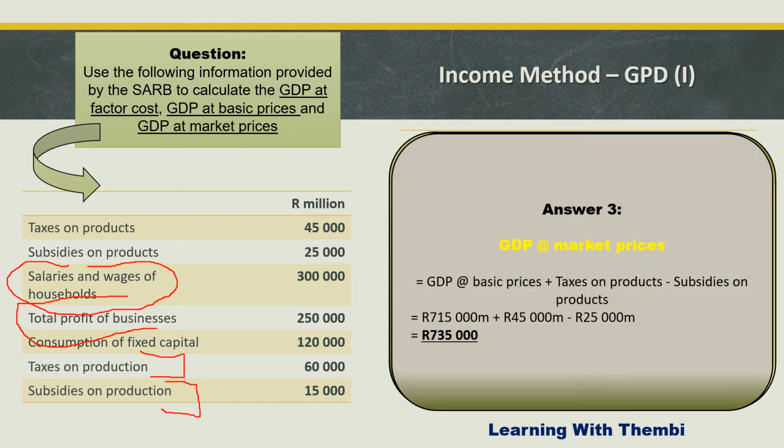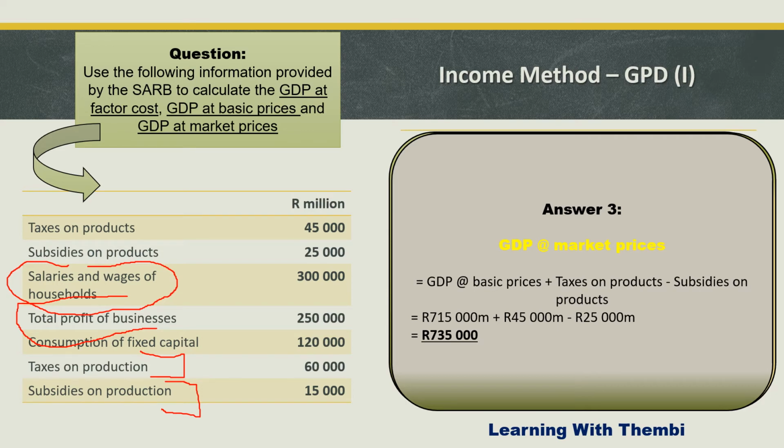And we are going to say the GDP at market prices, or our gross domestic income, is equal to GDP at basic prices plus taxes on products minus subsidies on products. So already now we've got the value of our GDP at basic prices, which is 715,000 million rand.